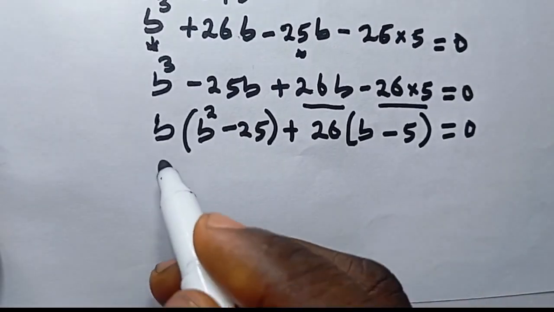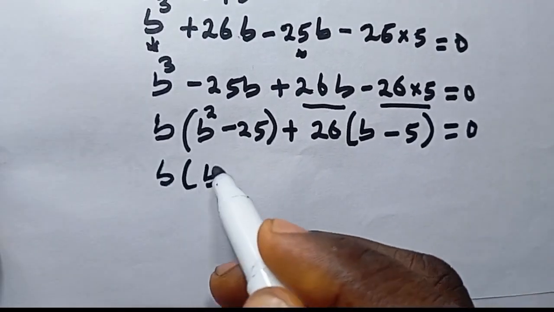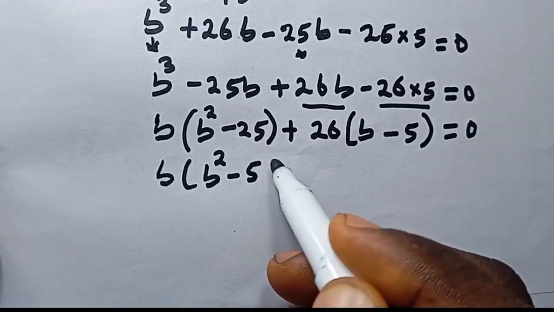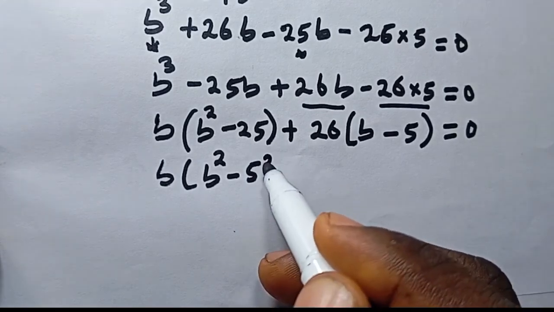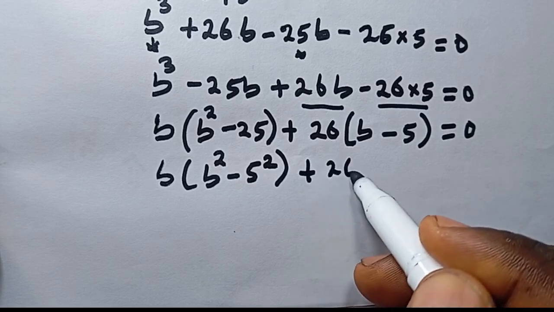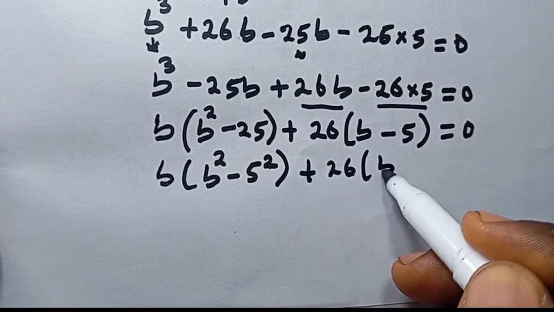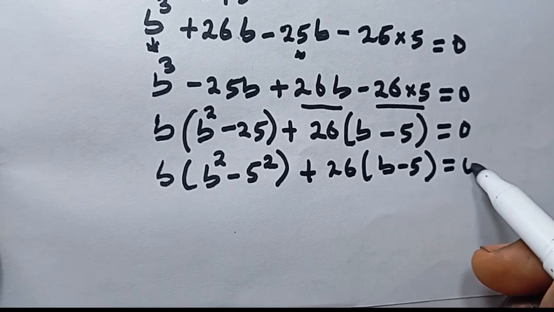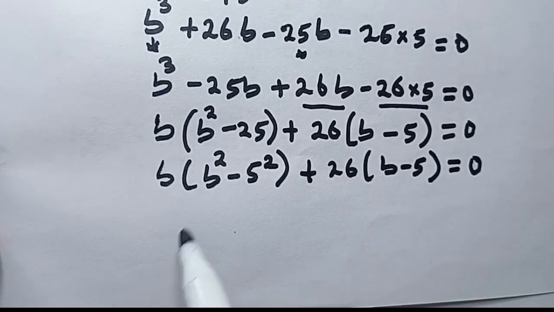Okay, so moving on, this is b times (b^2 minus 25). I can write this 25 as 5^2, and then plus 26 times (b minus 5), and this will be equal to 0.